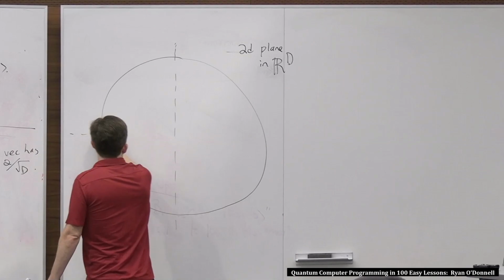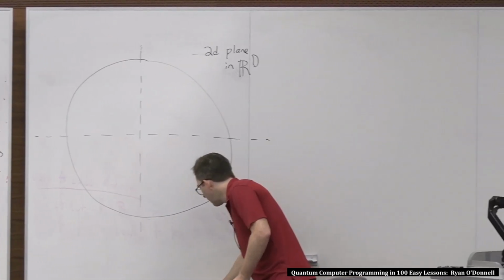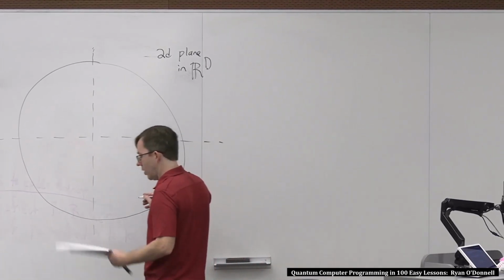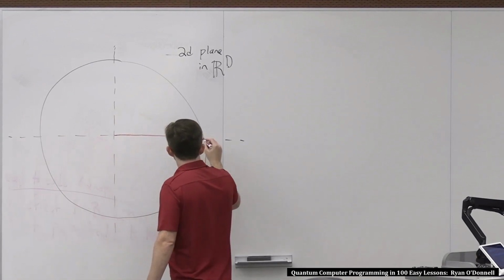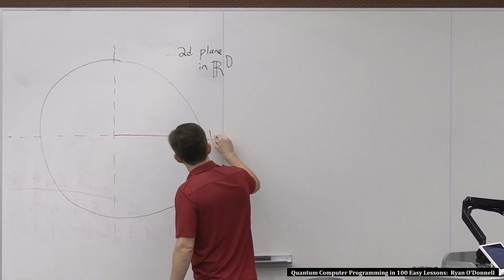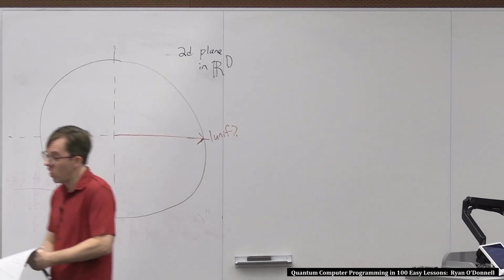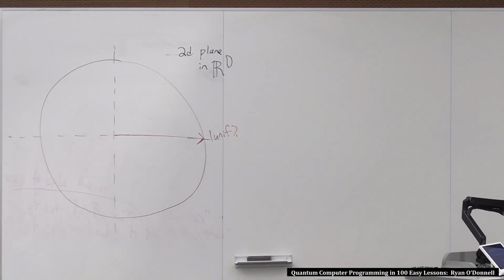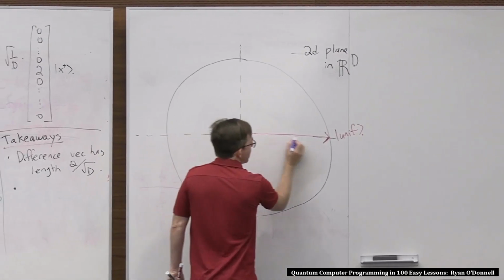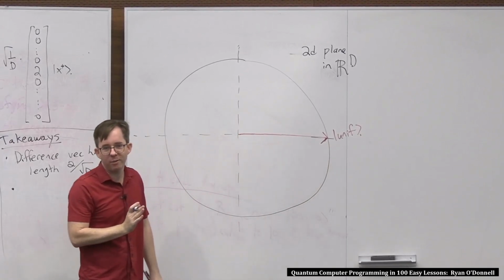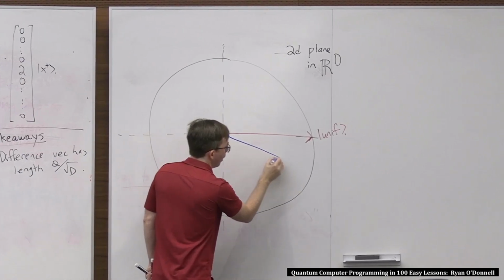This is the circle of unit vectors. And unif is somewhere in here. Now I'm going to draw it horizontally, but that's just because I've got to draw it somewhere. Don't take that too seriously, but this is unif. And on the other hand, ket f is also in this plane. And it's very close to unif, so let's draw it pretty close. It's actually microscopically close, but I don't want to draw it that way because then we wouldn't be able to understand our diagram. So let me draw it like here.